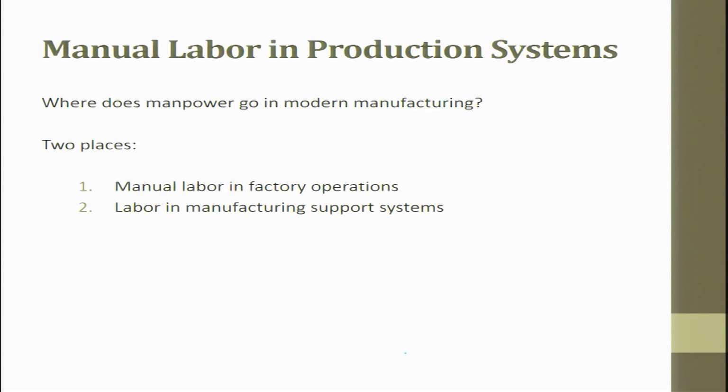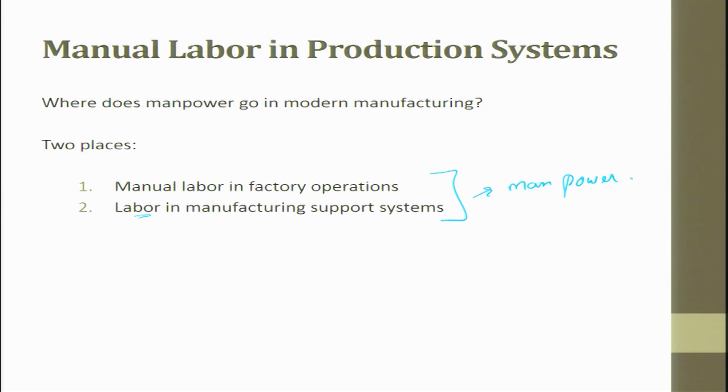When we talk about manual labor in production system, where does the manpower go in modern manufacturing? At two places. You should know the manual labor in factory operation and labor in manufacturing support systems. At these two places today we still need manpower. These are the two places: manpower used in factory automation, loading and unloading maybe, and then manufacturing support system, understanding the customer's voice, converting it into engineering spec, putting into the system.